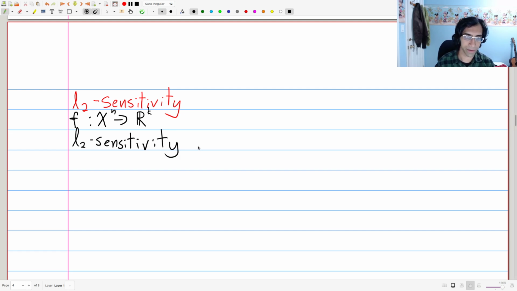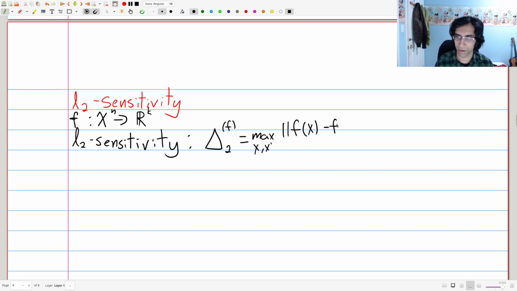It's going to be delta sub 2 of f, which is equal to the max over x and x prime, which are, as usual, neighboring data sets. And we just take the L2 distance between their values. So this is the L2 sensitivity.